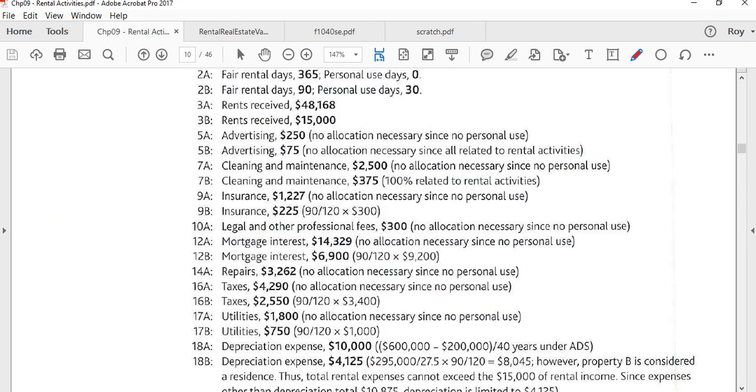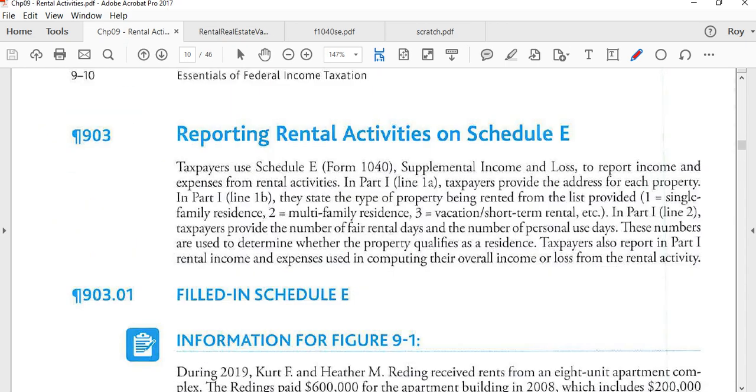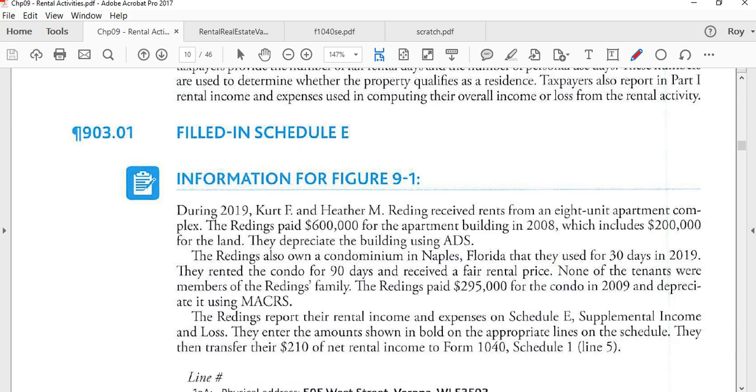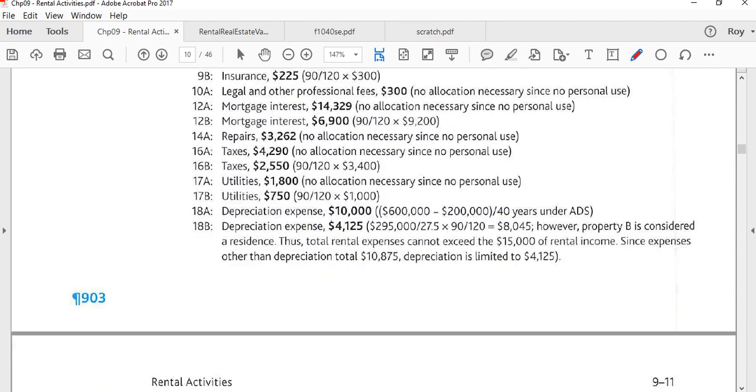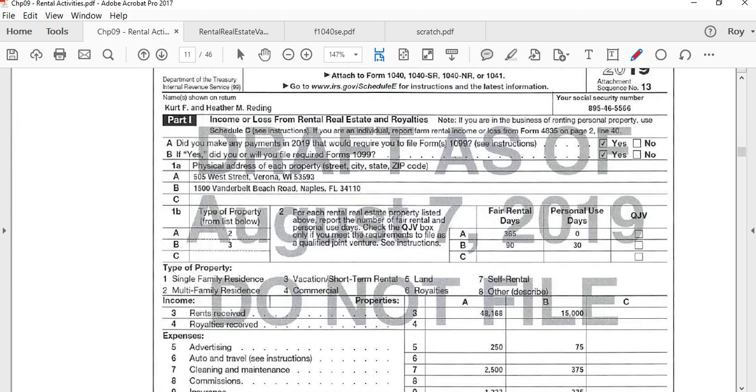So here in our textbook, looks like on page 10 of chapter 9, they have this example for the rentals. And they give you two different properties, property A and property B. In the case of property A, this West Street, it's 100% rental, no personal use. But this property B, Vanderbilt, looks like it's total 120 days.